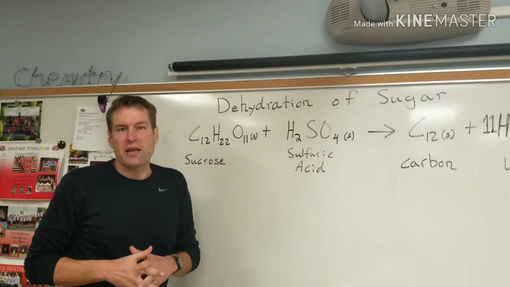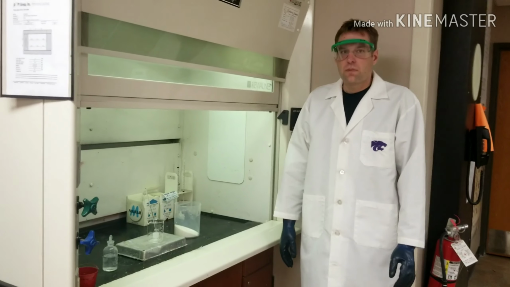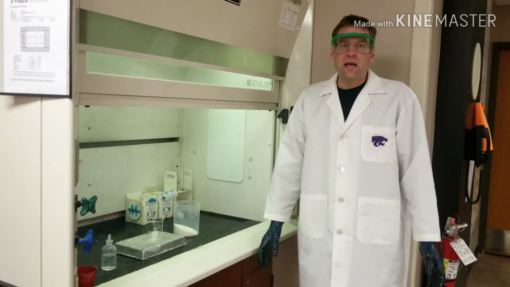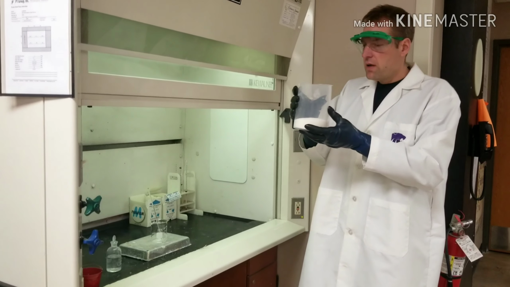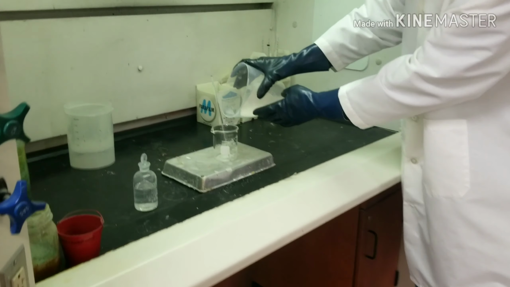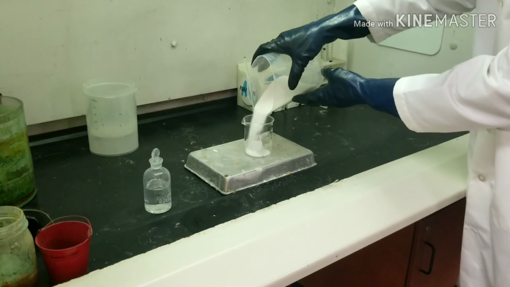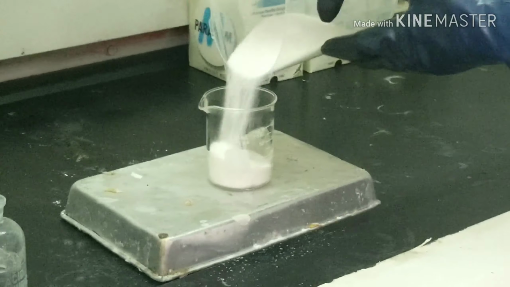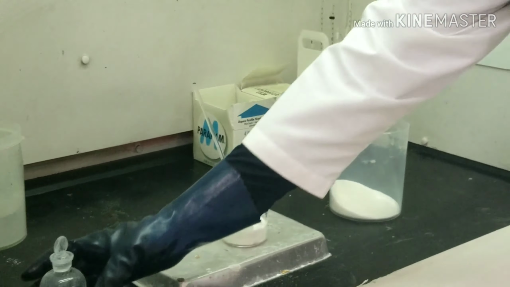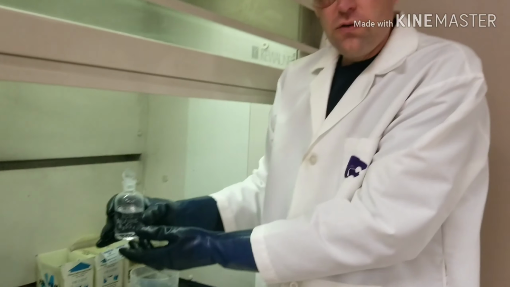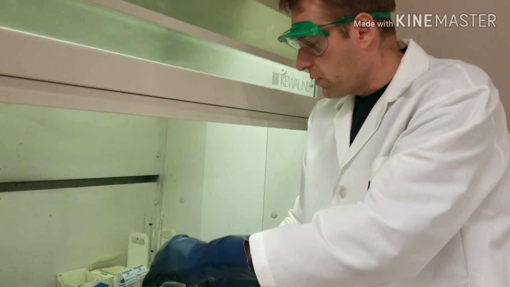So now let's go back and see this demonstration. All right, we're back at the fume hood, and we're going to take our sucrose, or table sugar, and put some in this beaker right here. Pull that off a little bit. I have some concentrated sulfuric acid that we're going to dump in. Move this out of the way a bit more.